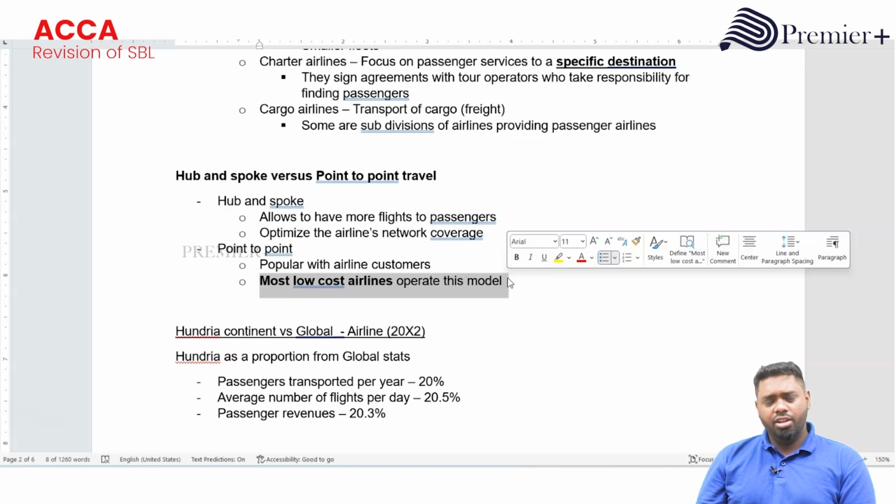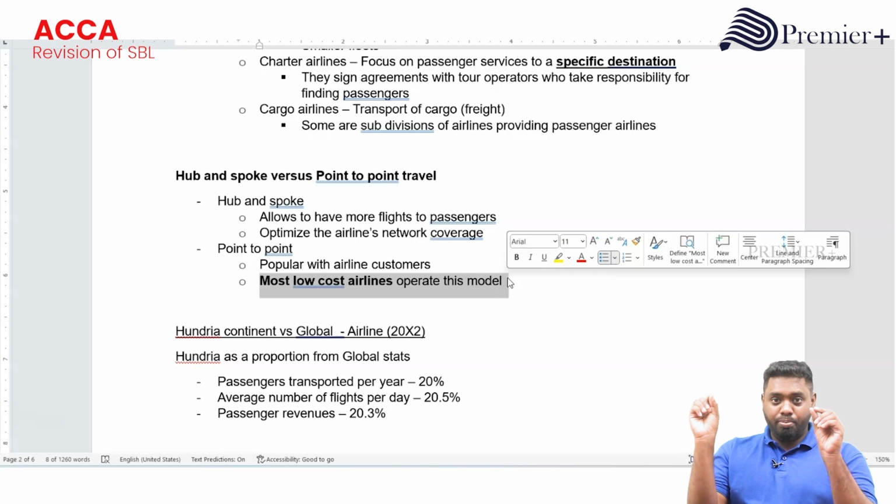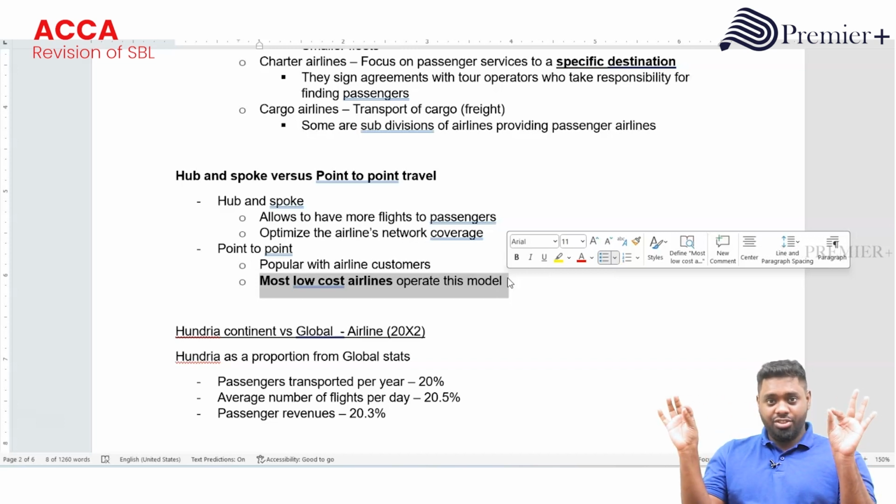Right? Advantages: the airline that provides hub and spoke will have passengers whose original destination was C, on one direct flight, and also passengers whose destination was B. So A to B was the original destination.